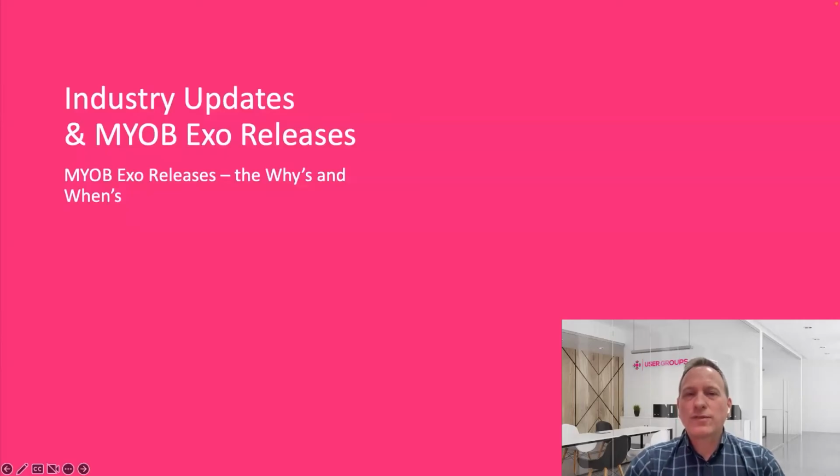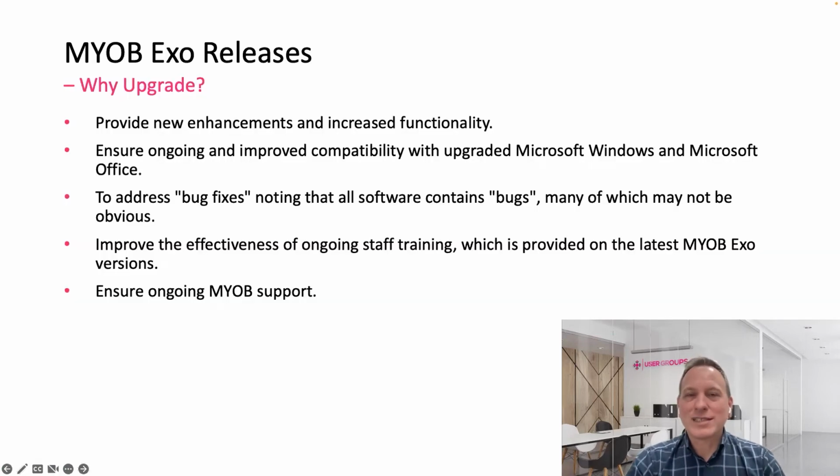In terms of Exo releases, we just wanted to give a little bit of an update in terms of what's new and some of the reasons for upgrading. We do see lots of organizations sometimes get a bit behind in their Exo upgrades. It is important to stay relatively current for a number of reasons.